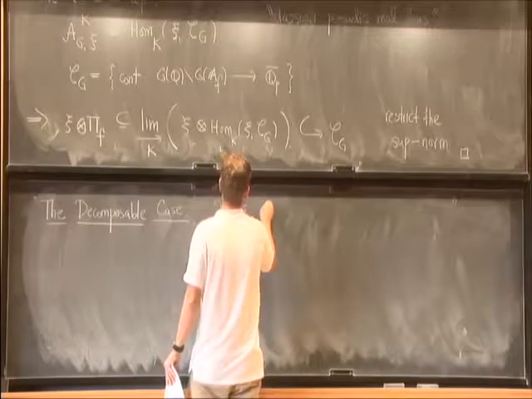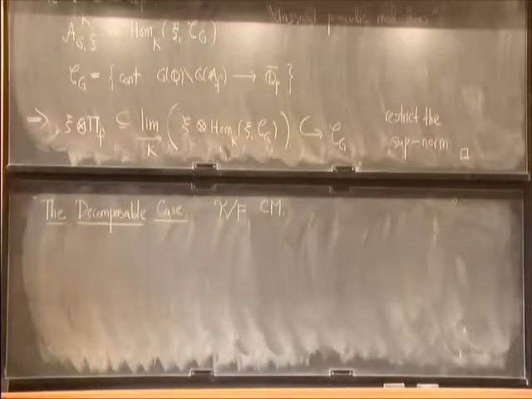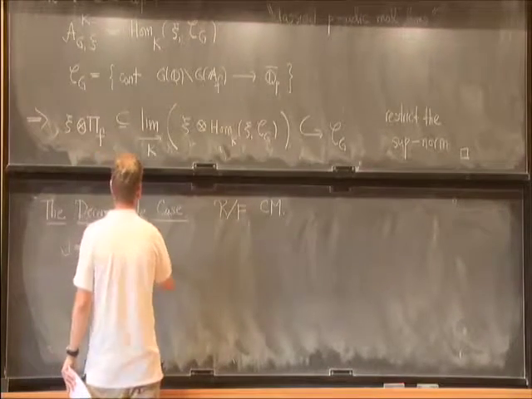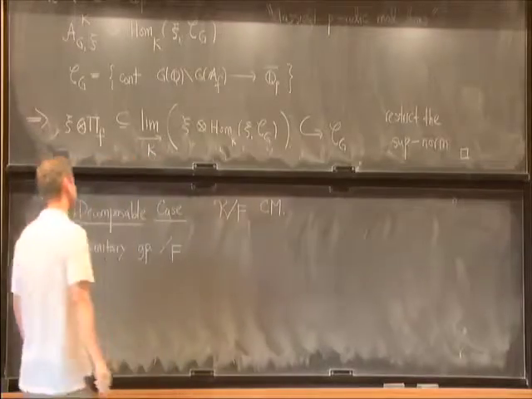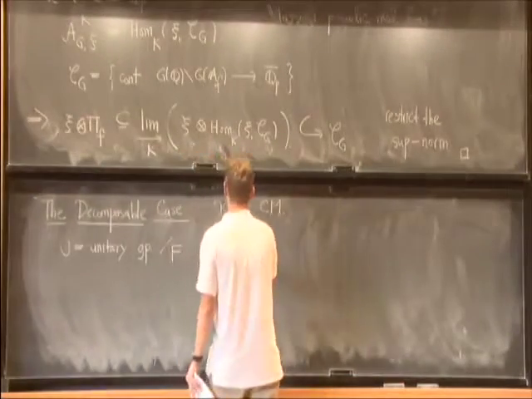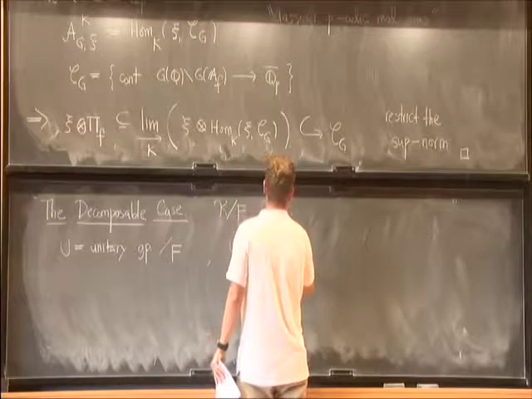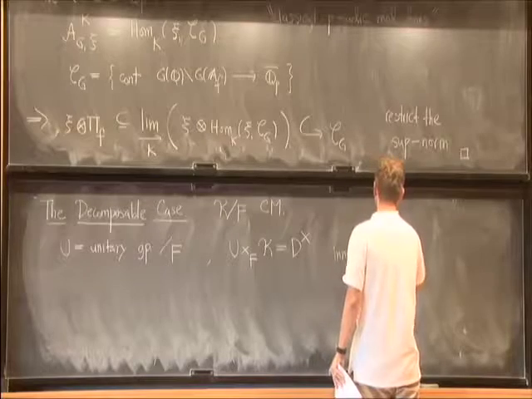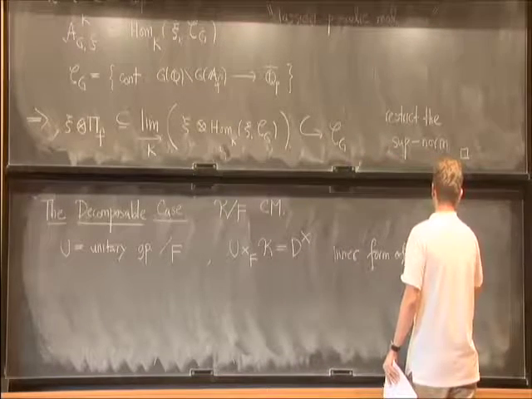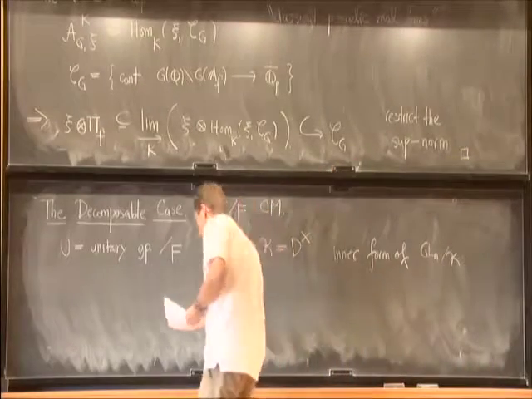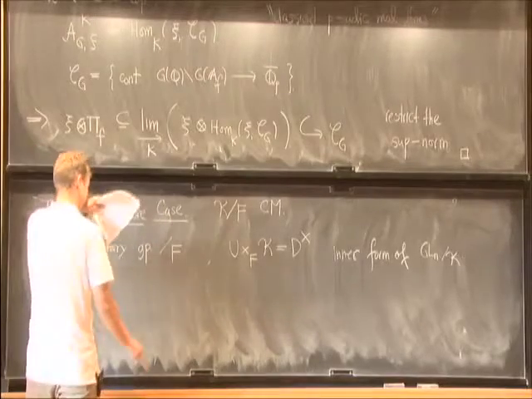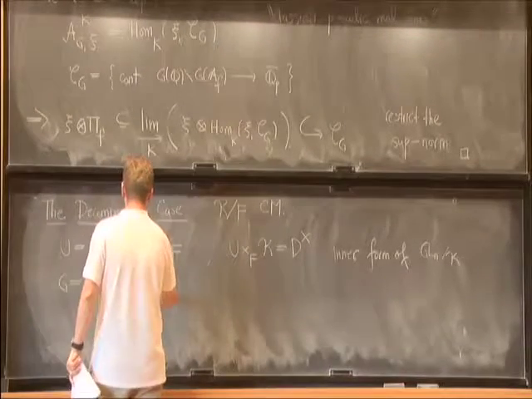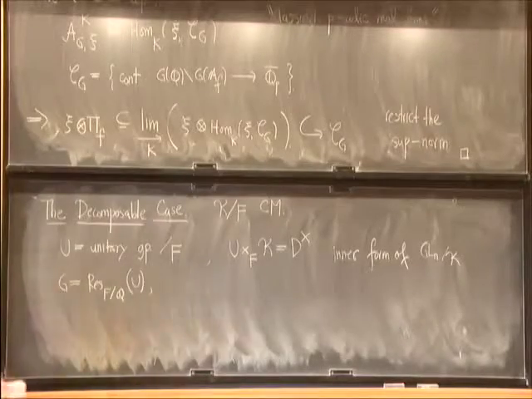You take K over F to be some CM extension, and you take U to be a unitary group, with F a totally real field, which becomes some inner form over K. And this is some inner form of GL N. And you take G to be the corresponding group over Q, so the restriction of scalars of U. And you always assume that this is compact at infinity.